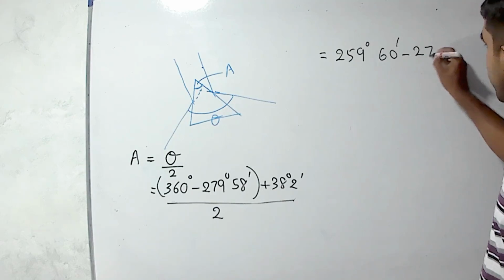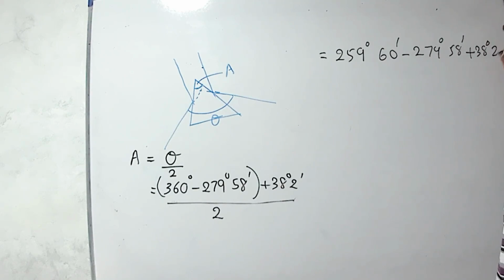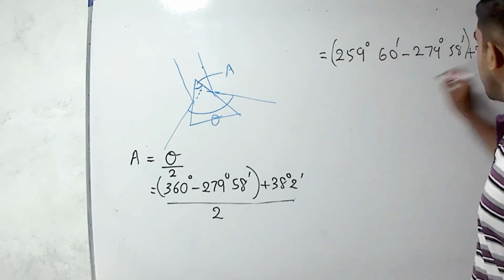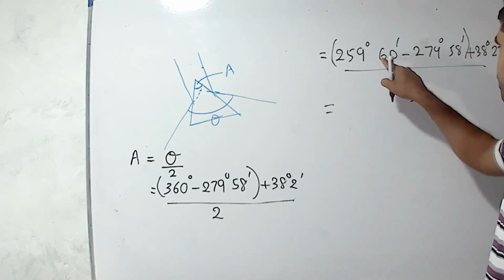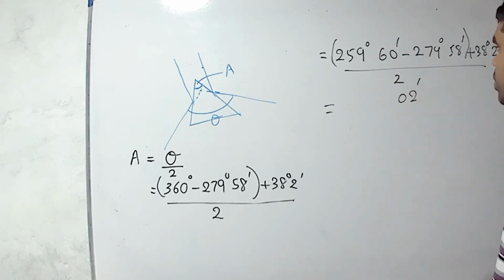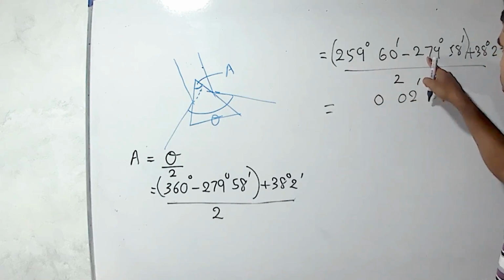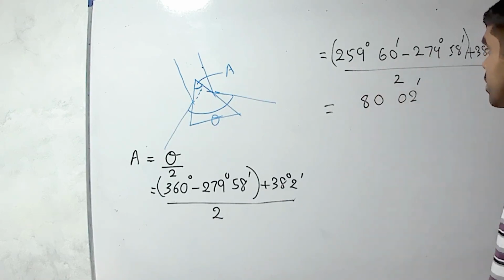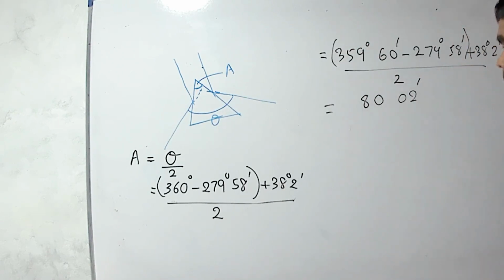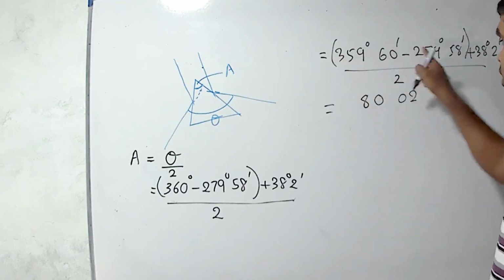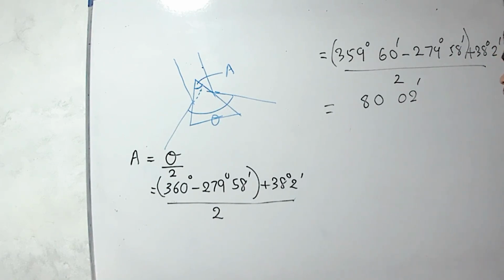Minus 279 degrees and 58 minutes, plus 38 degrees and 2 minutes, divide by 2. 10 minus 8, 2. 5 minus 5, 0. 2 minutes. 9 minus 9, 0. 15 minus 7, 8. This one is 359. 2 minus 2, 0. The difference of these two angles is 80 degrees and 2 minutes.